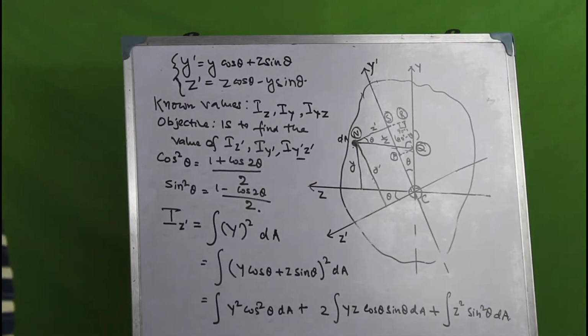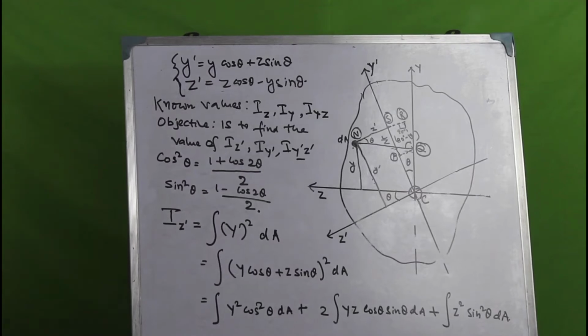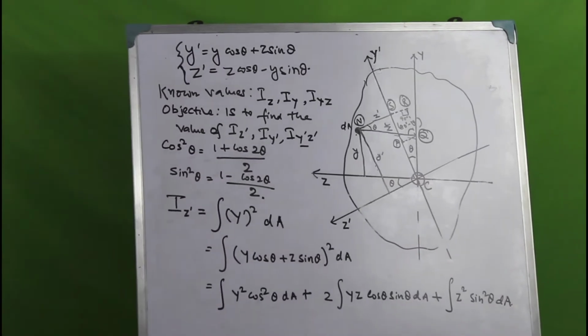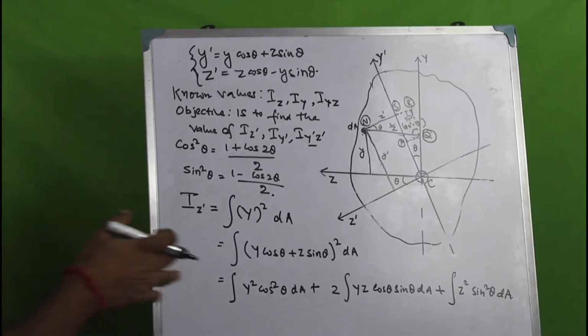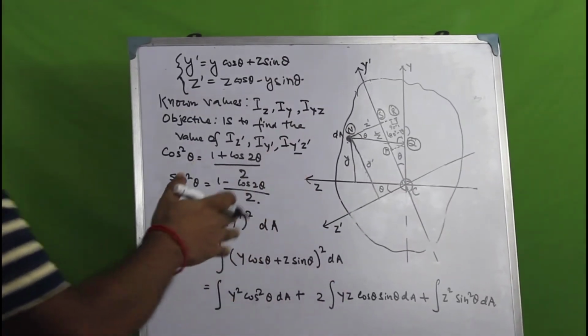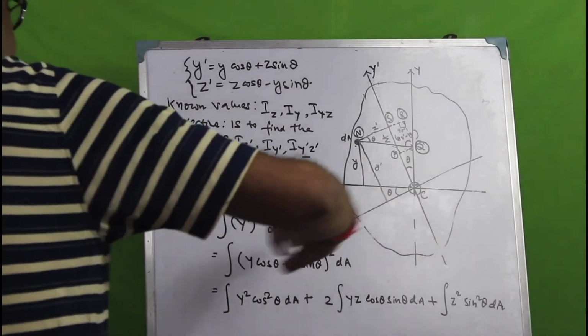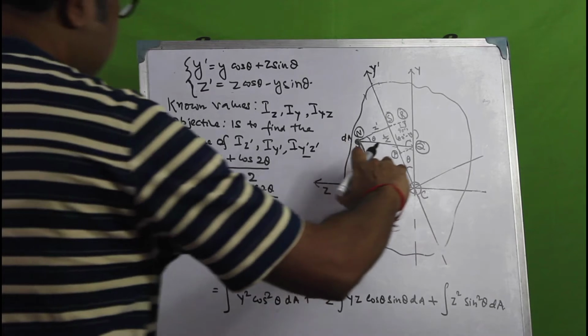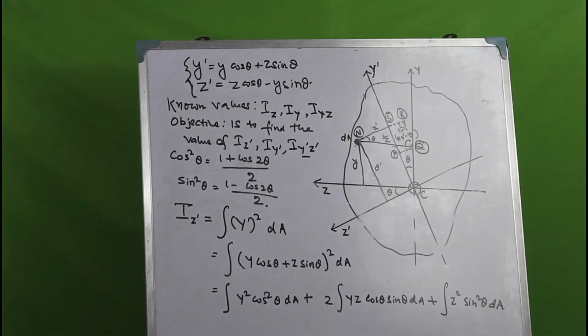Now one of the things that you understand here is that we are finding this out for a fixed Y dash and Z dash axis, so our theta in this case is constant.